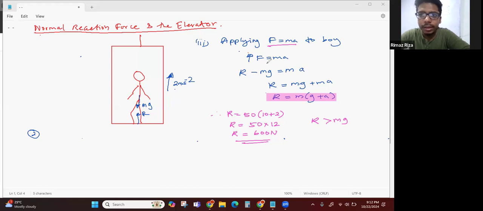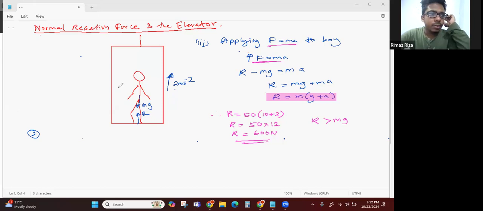So I'm using F equals ma vertically upward. The upward force is R, so R minus mg equals mass times acceleration. In F equals ma, what we put is the net force, the resultant force. So in the vertically upward direction we have a resultant force of R minus mg.